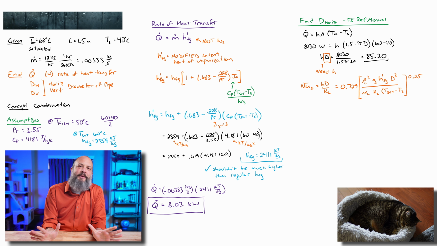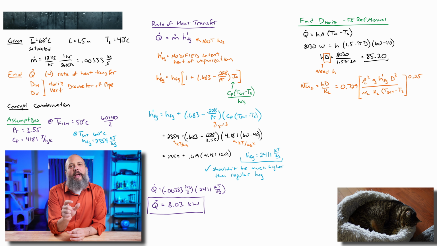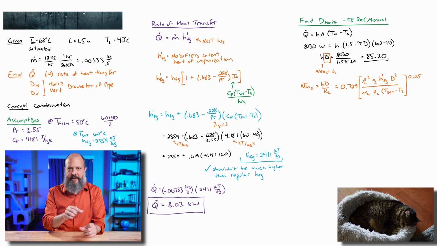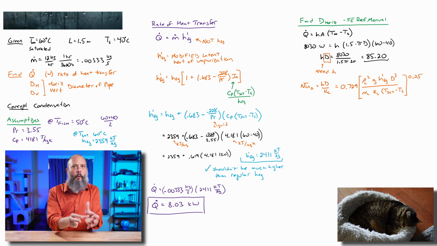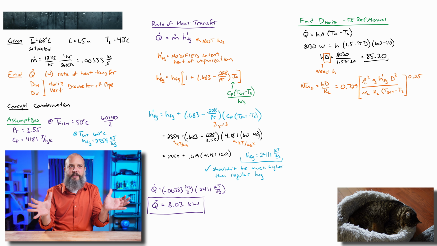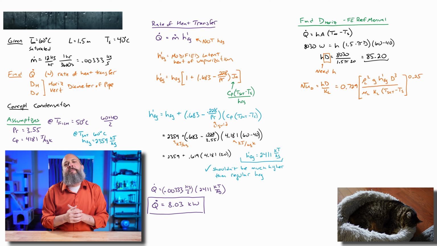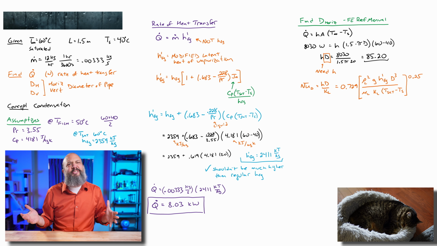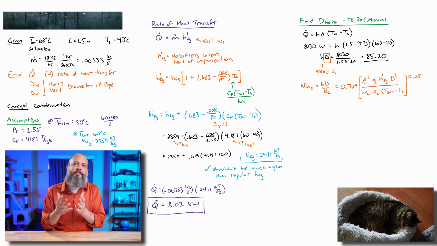And it's important to note maybe at this point that this equation is big, crazy, nasty, that convection equations in general, and this condensation equation in particular, are not derived from first principles. Like, nobody solved for what this had to be just from basic knowledge. All of our convection equations are approximations based on experiments.